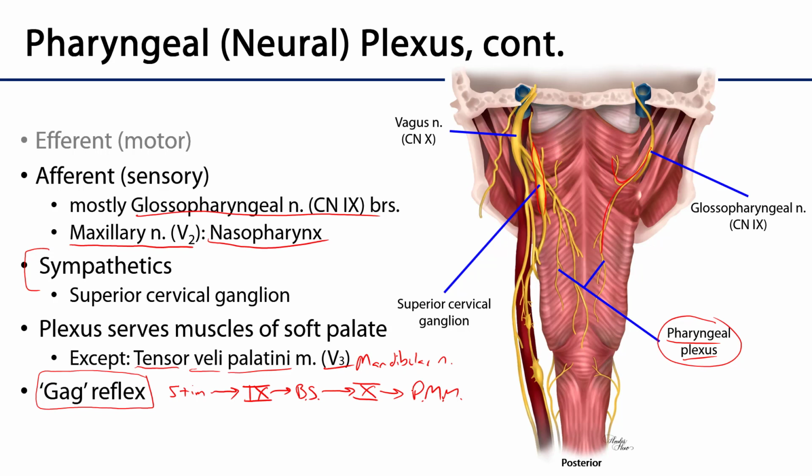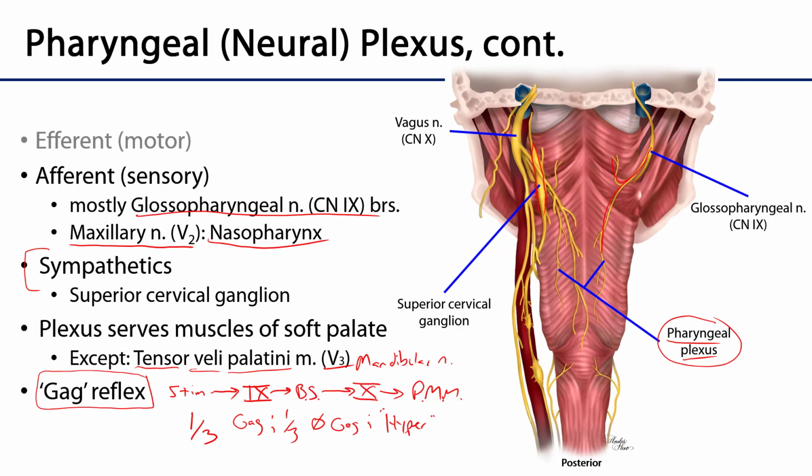Interesting thing about this gag reflex is if you look at the literature, a third of people have what's known as the gag reflex. A third of people have no gag reflex, and then another third of people have a hyper gag reflex.